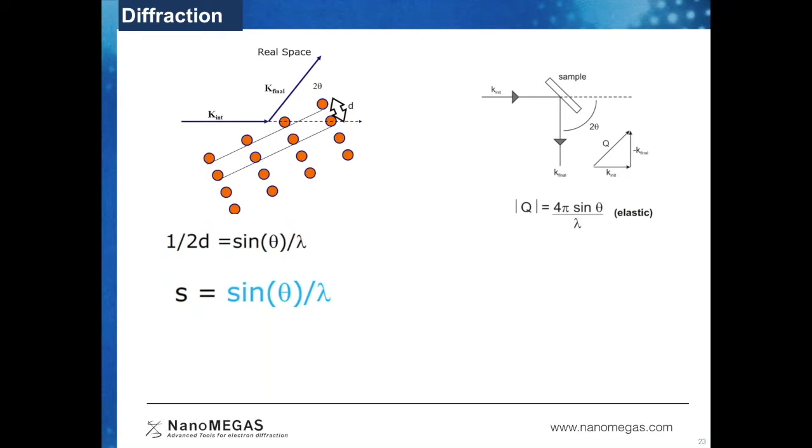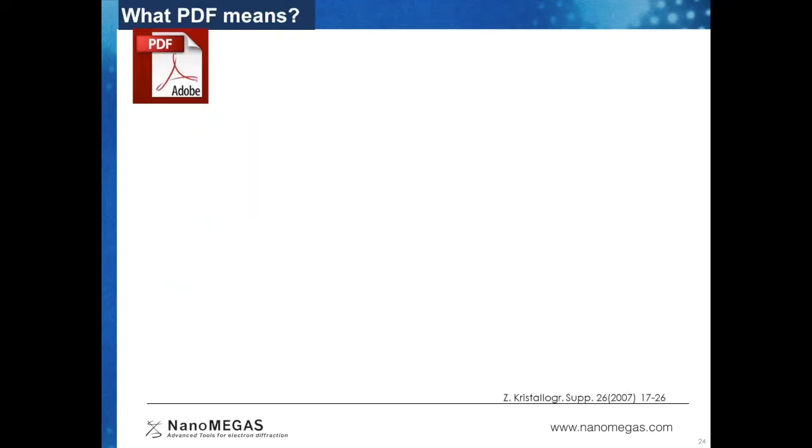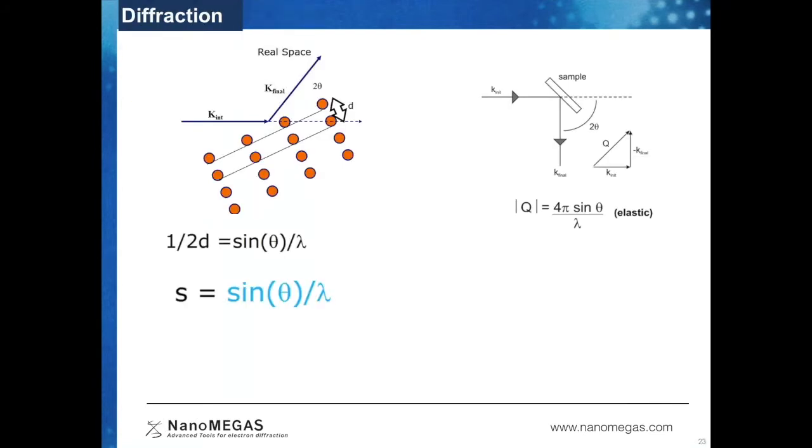An incident beam K comes, and then it gets diffracted by the lattice planes, which are separated by an interplanar distance d. Then the Q, or momentum transfer, is simply derived from the incoming K initial and the outgoing K final diffraction vectors. So you will encounter this Q again and again in different slides, and I will probably mention it again in some of my examples.